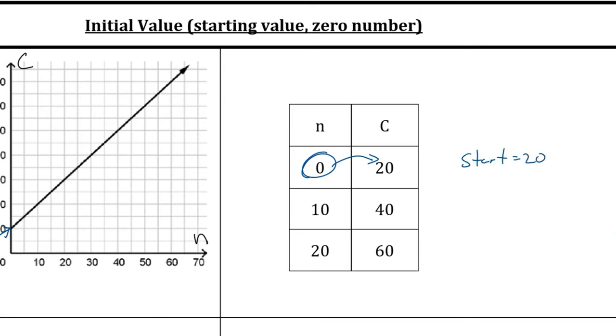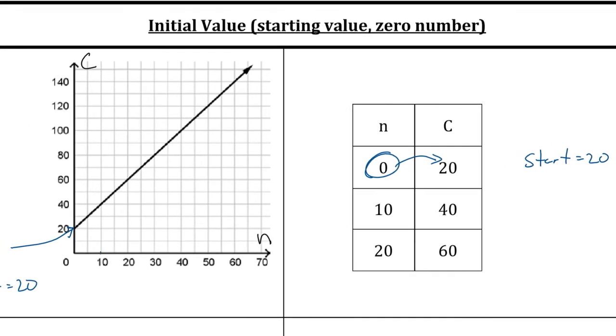For all four of these, it's actually the same situation. They do match, or they should match. You can see at 10, I'm at 40, and at 20, I'm at 60, right? So they are actually the same situation, but that's how I would find the initial value or the start from a table. I just look at where the 0 is, and I go across to figure out what the value is where it starts.